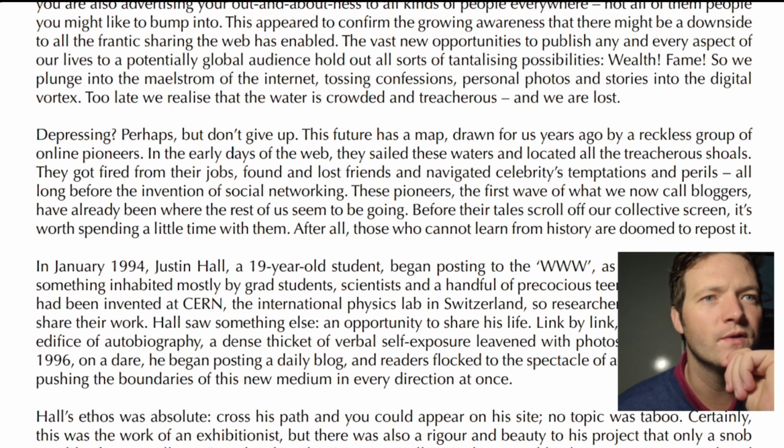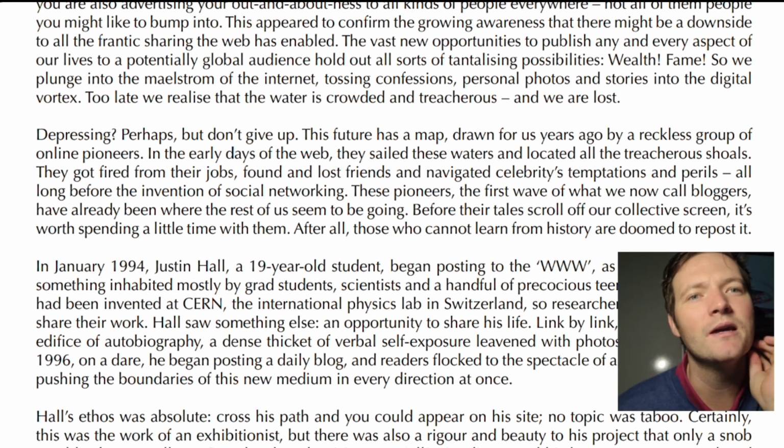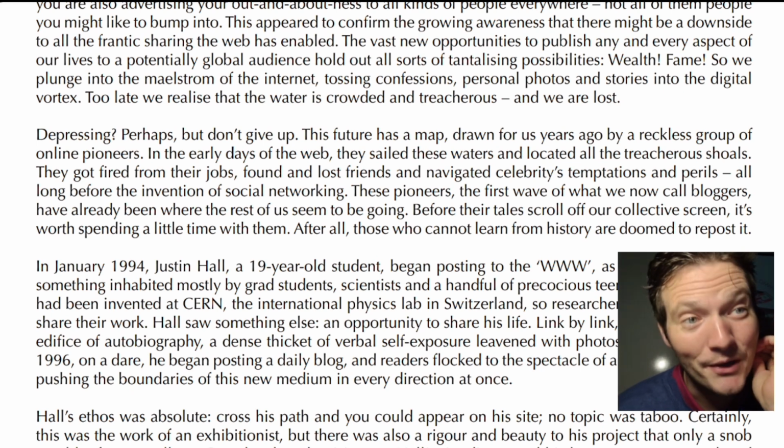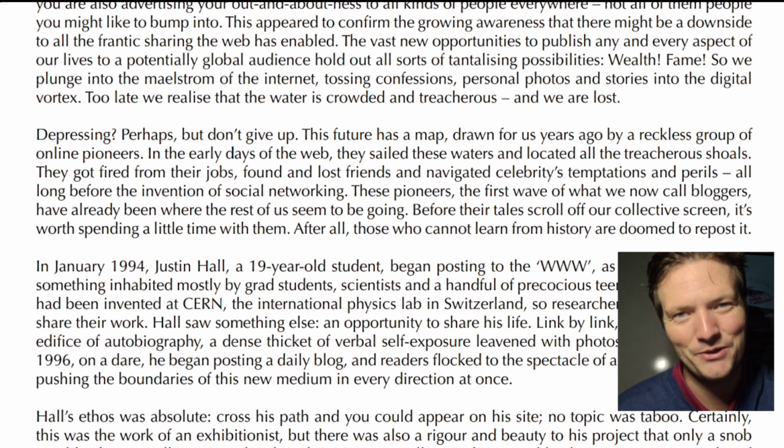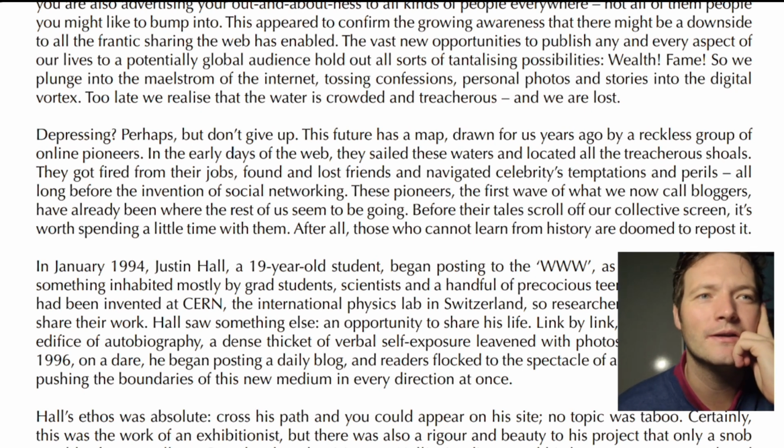These pioneers, the first wave of what we now call bloggers, have already been where the rest of us seem to be going. Before their tails scroll off our collective screen, it's worth spending a little time with them. After all, those who cannot learn from history are doomed to repost it. They're doomed to repeat it. Little play on the expression there, repost it. Yeah.